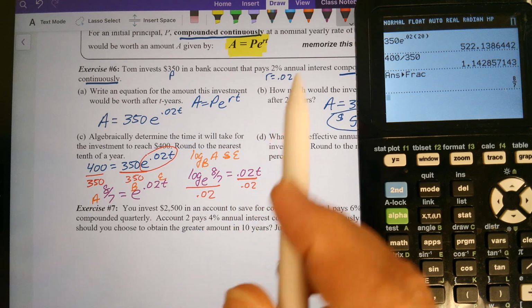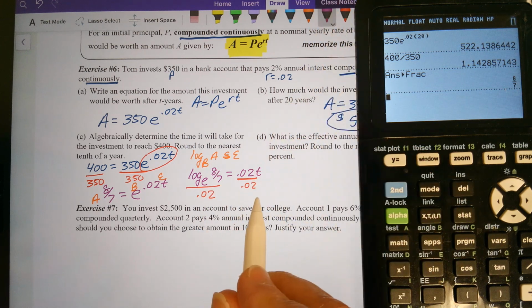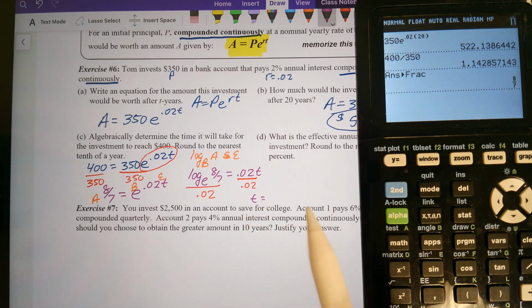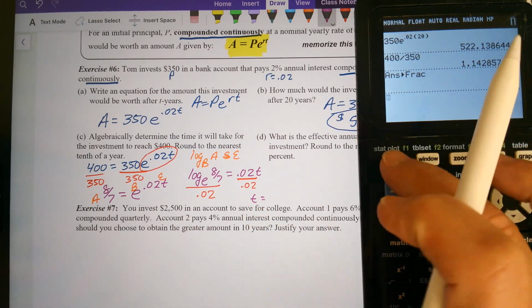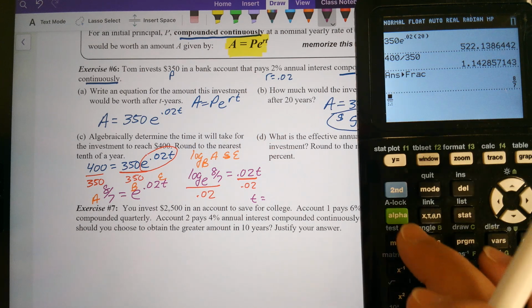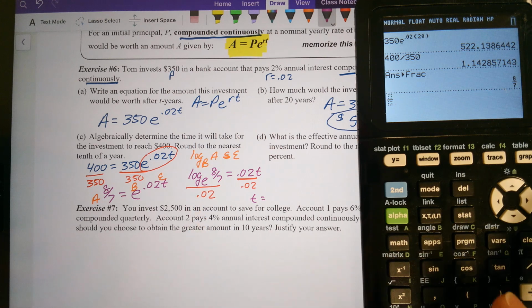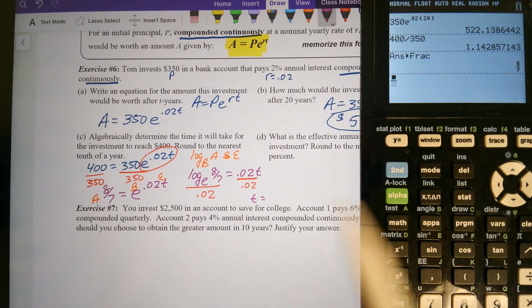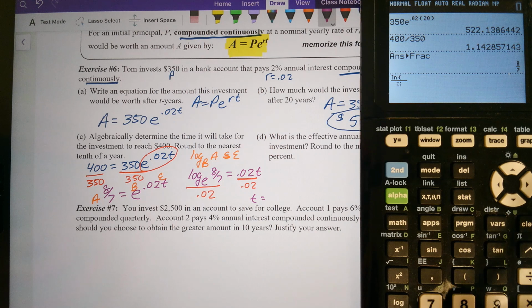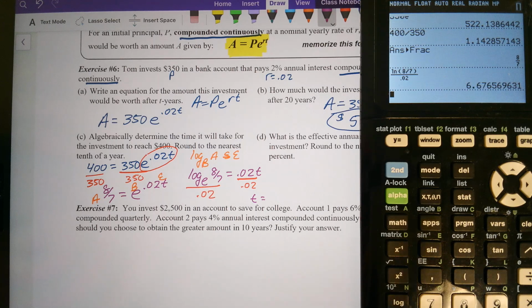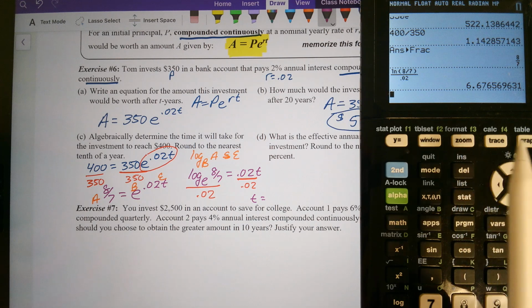And this is what's keyed into the calculator. Alpha y equals to get my fraction. Now, log base e is the same as ln, right? Log base e is the same as ln. So ln of 8 divided by 7 divided by 0.02. So, rounding to the nearest tenth of a year, 6.7 years.